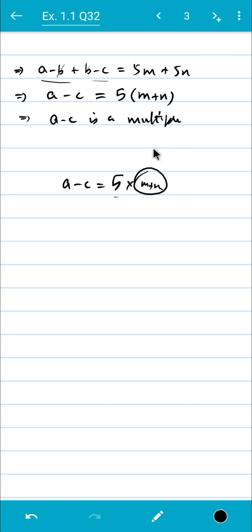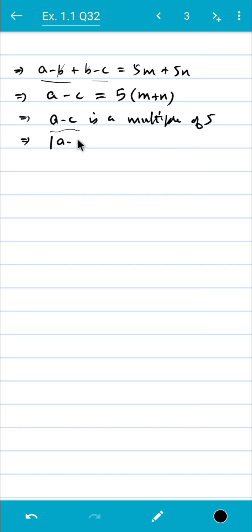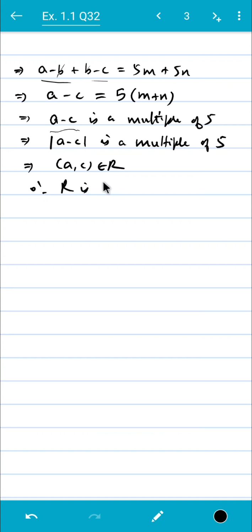So without the modulus it is a multiple of 5, and even with the modulus it will still be a multiple of 5, because all that changes is the sign if it is negative. And if A minus C is a multiple of 5, we can conclude that (A, C) belongs to R. So therefore R is transitive. So that's number 1.